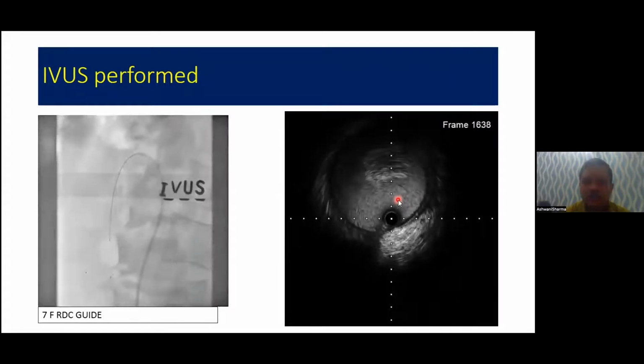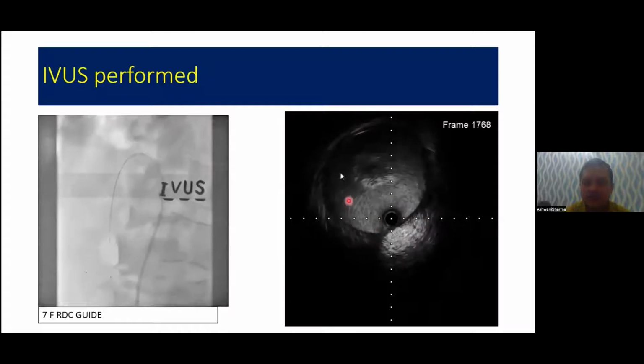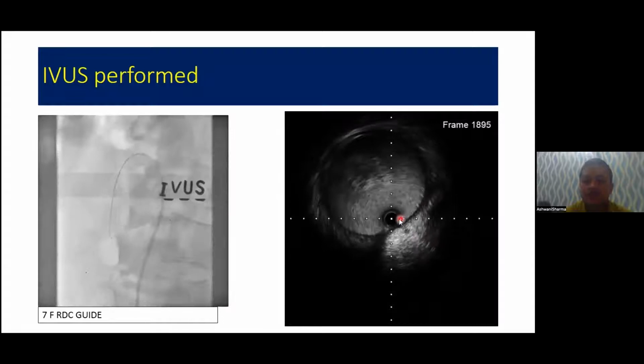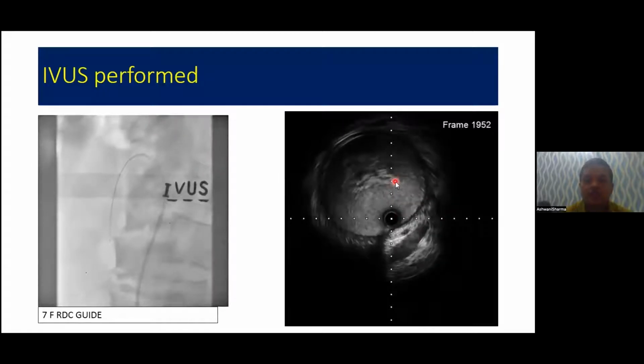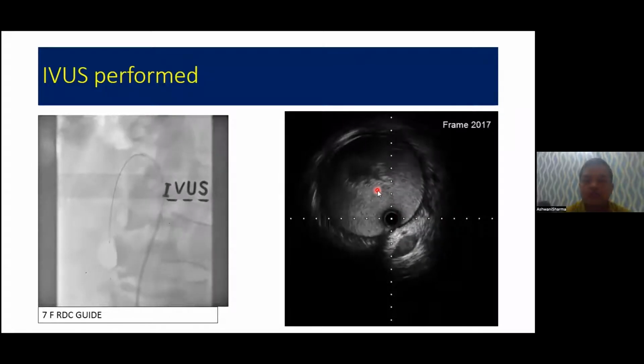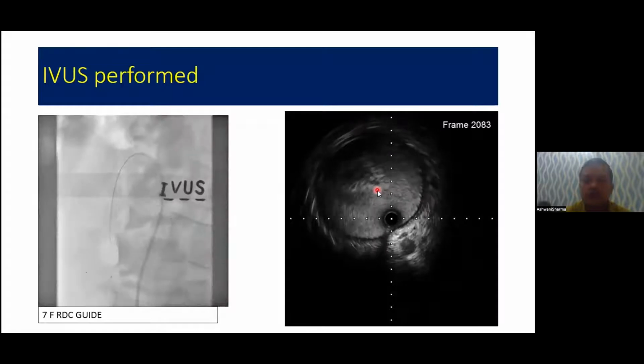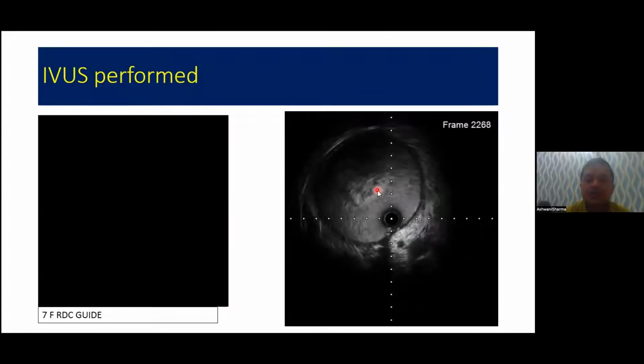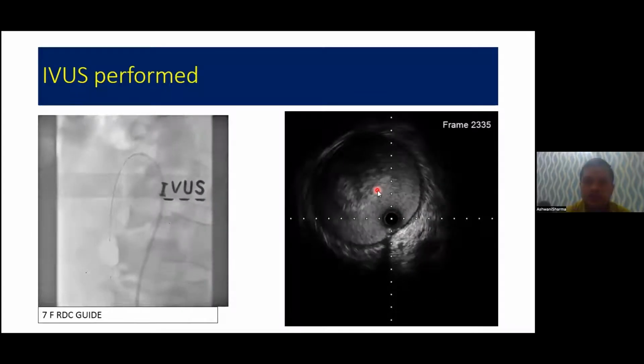As we move further proximally, the vessel structure is otherwise totally normal. We can appreciate the trilaminar structure of the superior mesenteric artery. As we move more proximally, the thrombus is possibly attached to one side of the vessel wall.